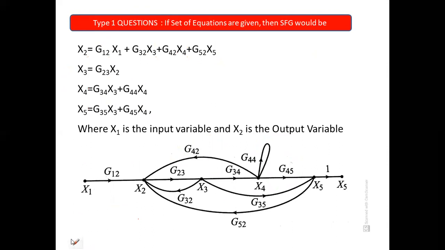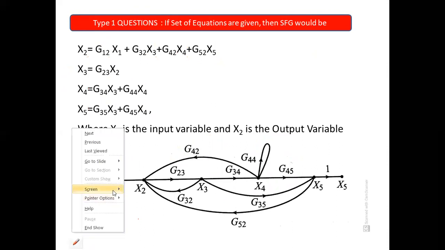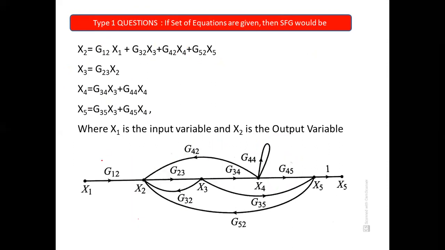What only difference will you find when you practice this? The only difference is this dummy node. Here, in the input, no dummy node is there.